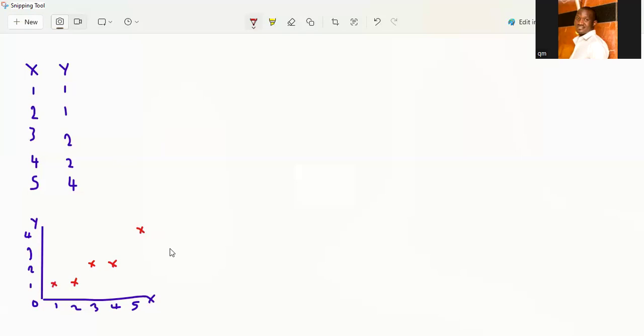What can we tell about this? What kind of relationship is there just physically by looking? It is a positive relationship, which is strong. Then we can fill up the table to find the other values that are important: the x squared, the y squared.